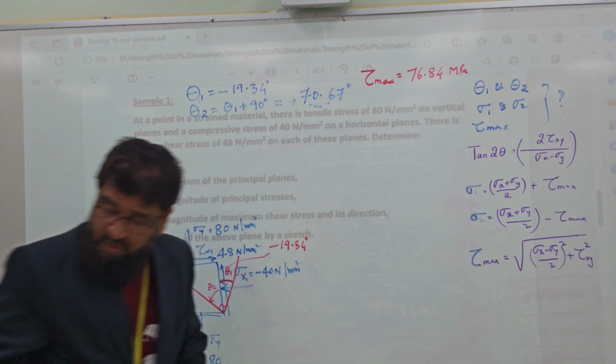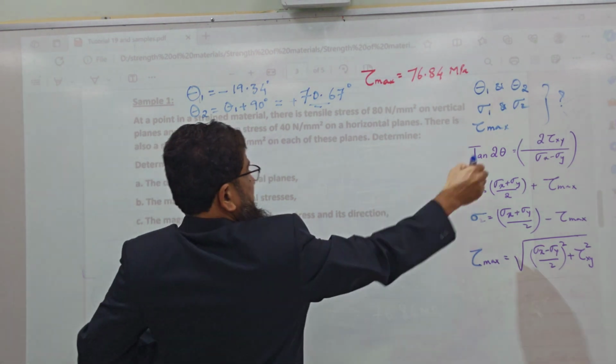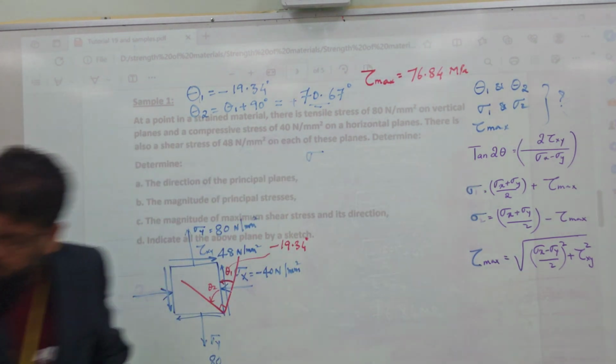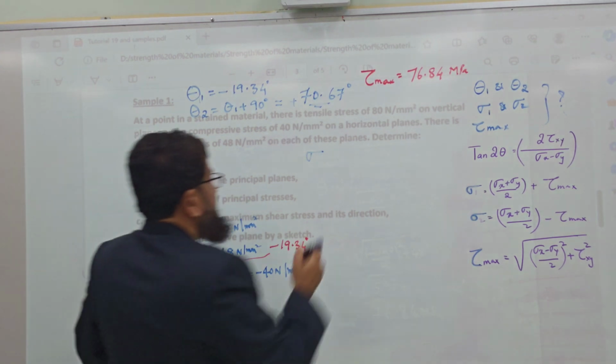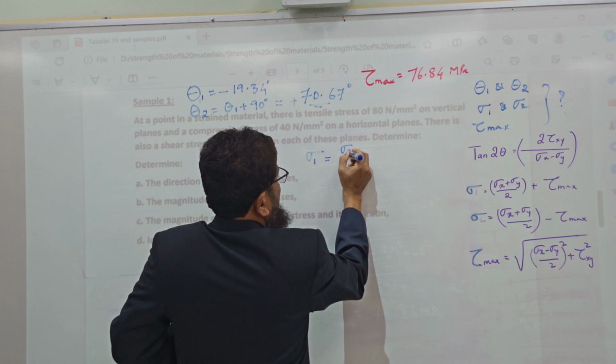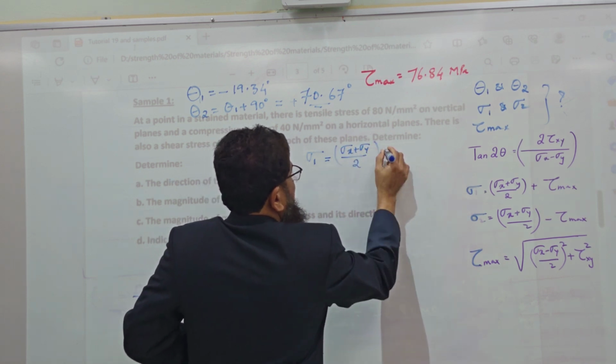Now let me find sigma 1. What is sigma 1? Sigma 1 is equal to (sigma x plus sigma y) by 2 plus tau max.